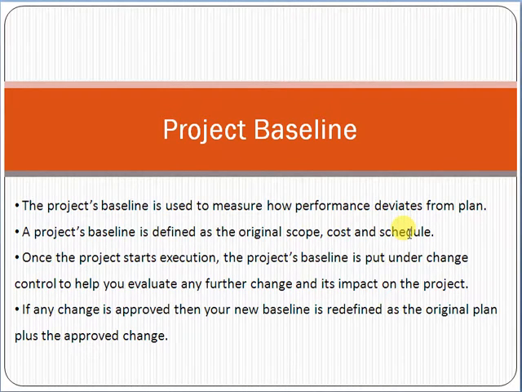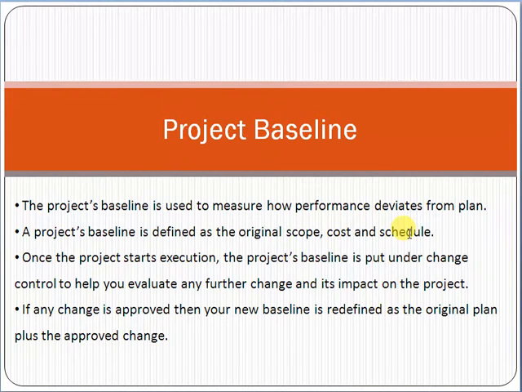After 1 month, when you checked and evaluated the performance, and after discussion with the stakeholder, you recognize that one major change has come, and once the change is approved, you need one more module, $1,000 more as cost, and 1 month more.